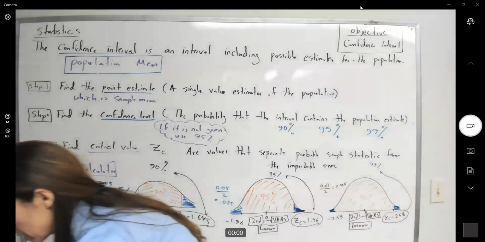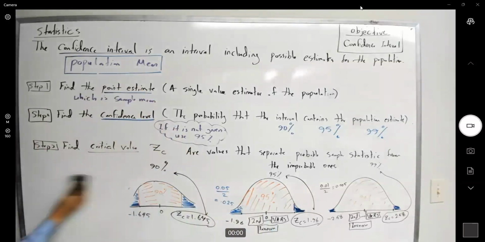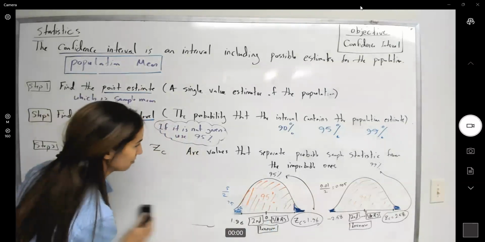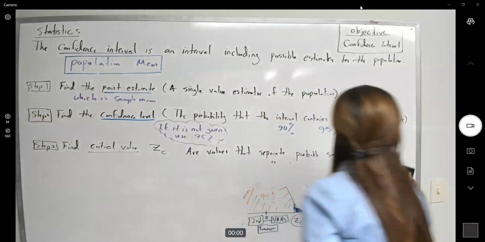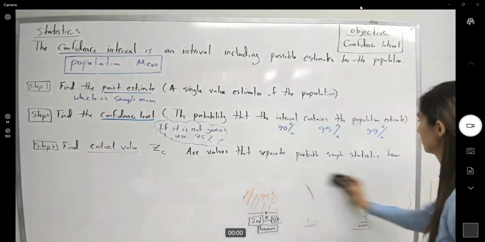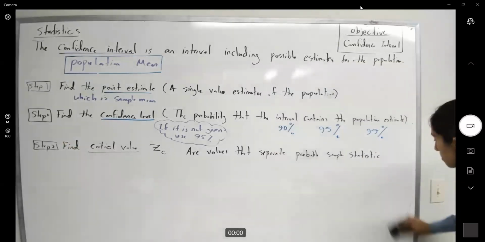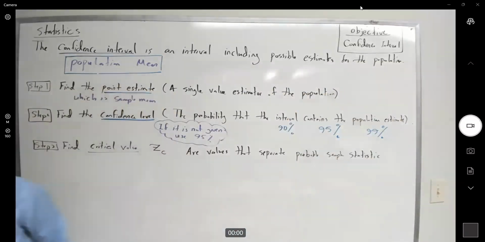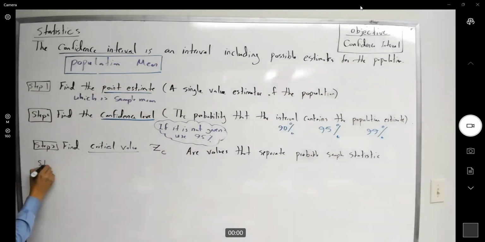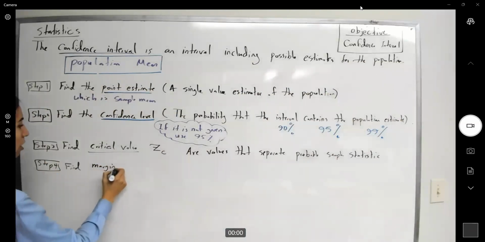Now I need to erase this part of the board to write down step 4 and step 5. In step 4, we need to find the margin of error.